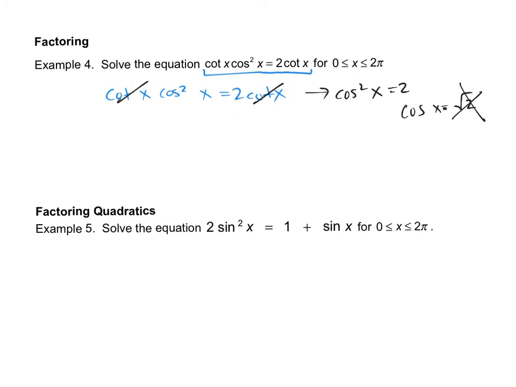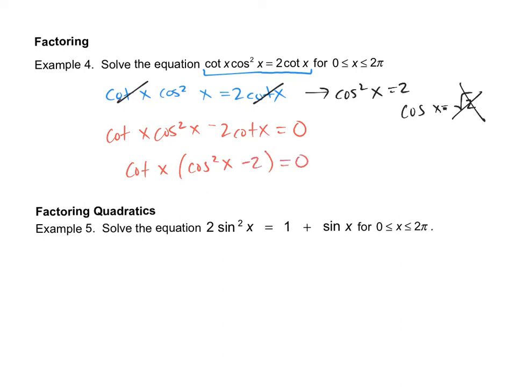So we're going to have to solve this for cotangent of x instead of for the cosine of x. Well, how do I get rid of the cosine? Well, I can start over, and then I'm going to set it equal to 0. So I'm going to subtract 2 times the cotangent of x from both sides, and then the right-hand side becomes 0. Now I can factor out the cotangent of x to get cotangent x times cosine squared x minus 2 equals 0.